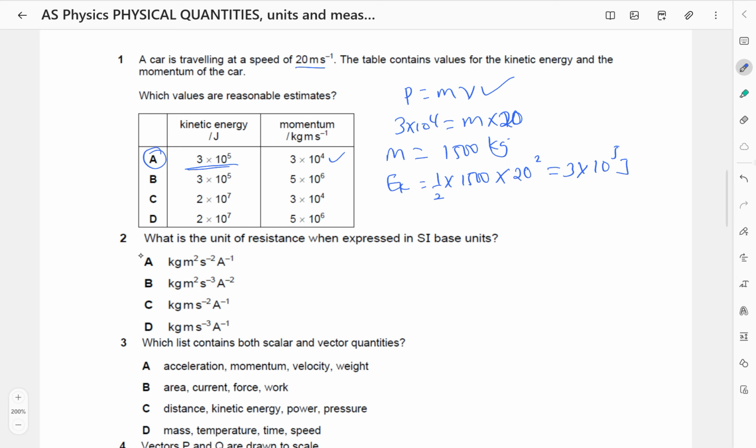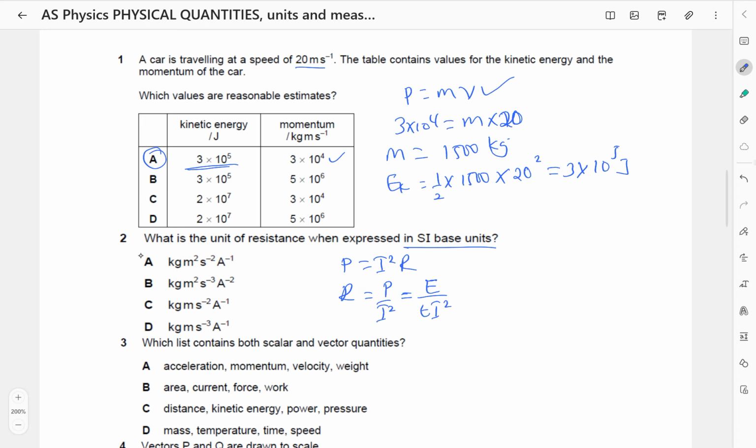What is the unit of resistance when expressed in SI base units? We have already answered this question, so look for an expression that can easily be used to find the resistance. You can use power is equal to I squared times R. That means the resistance is power over I squared. Power can be energy over time, so this will be energy divided by time times I squared.